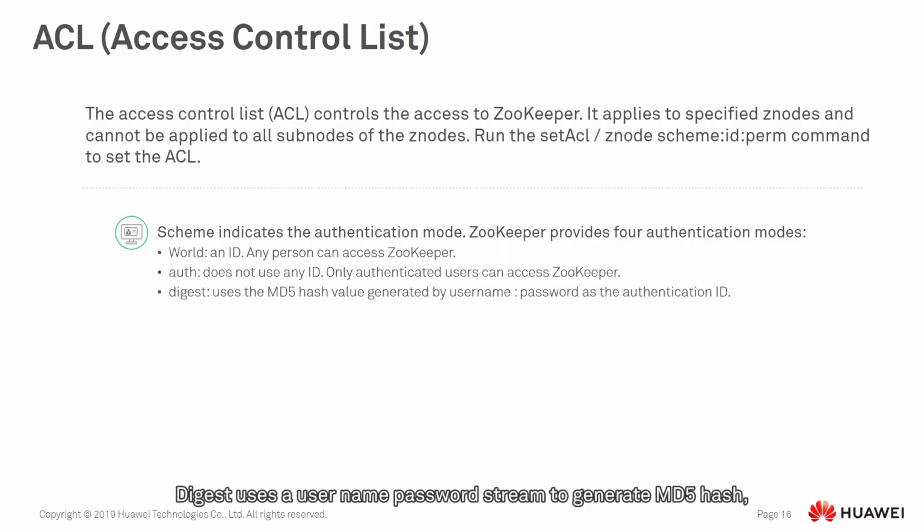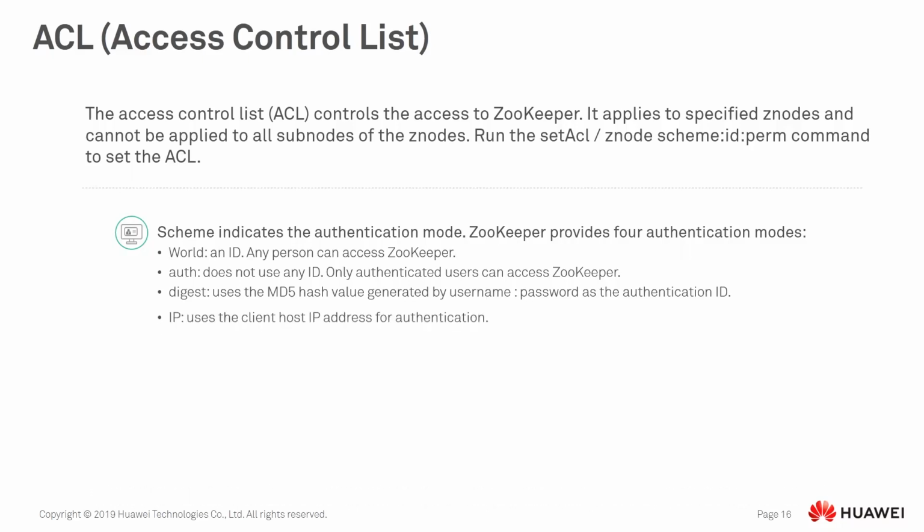Digest uses a username:password string to generate an MD5 hash, which is then used as an ACL ID identity. Authentication is done by sending the username:password in clear text. When used in the ACL, the expression will be the username:base64 encoded SHA-1 password digest.